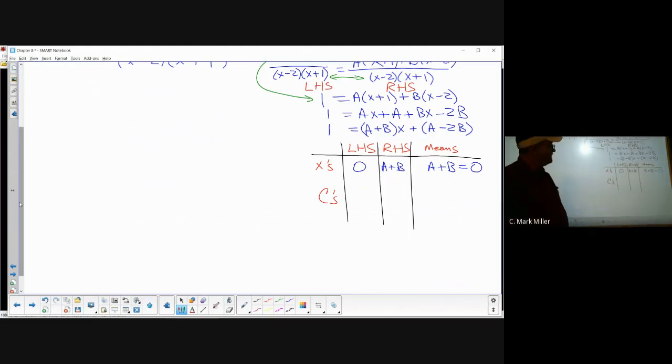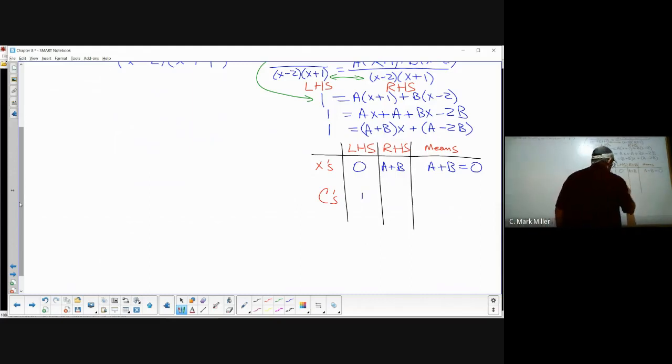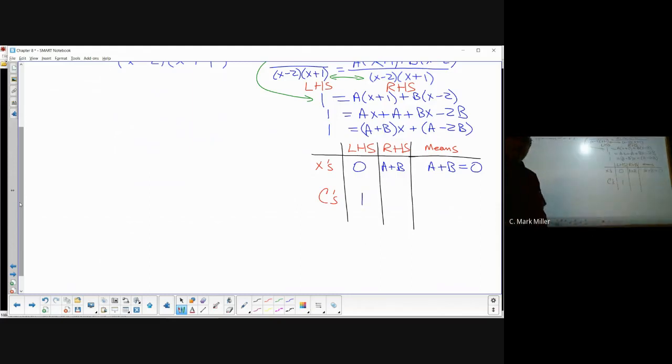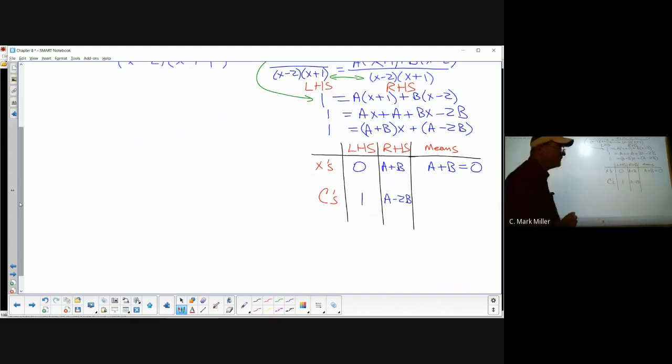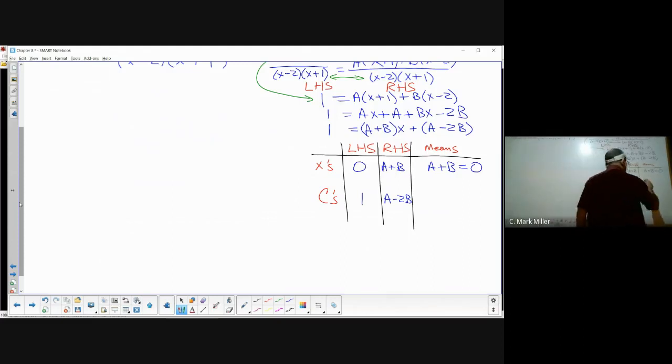Constants. How many constants do I have on the left? I have the number 1. How many constants do I have on the right? A minus 2b. That tells us that a minus 2b equals 1.